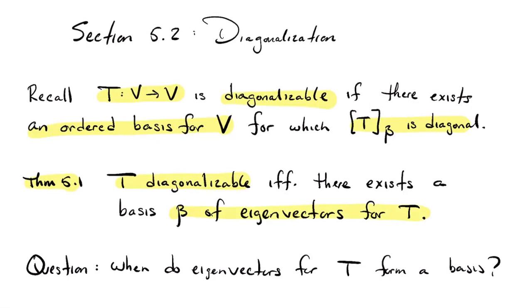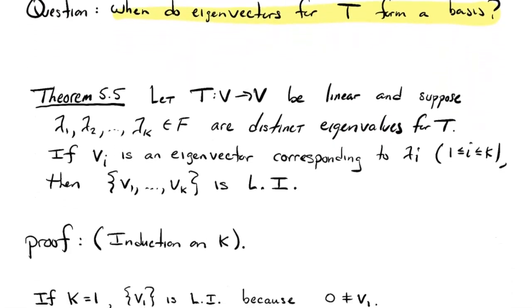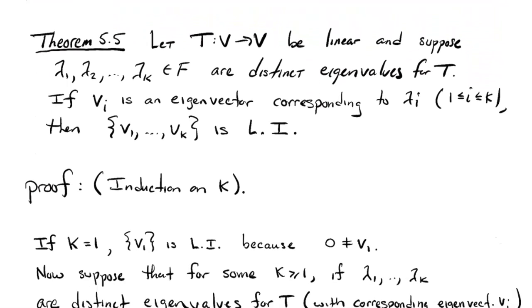So the main question is, when do the eigenvectors for T form a basis? When is T diagonalizable? Okay, so here's a first crack at answering that question, theorem 5.5.